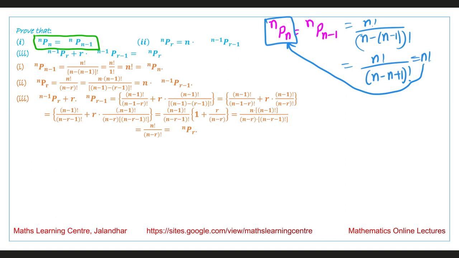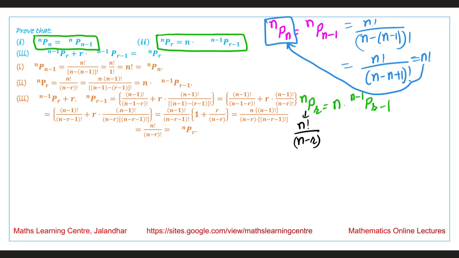Next, nPr is equal to n into (n-1)P(r-1). So if we start with this term, the value of this term is n factorial over (n minus r) factorial. This is equal to n into (n minus 1) factorial. We want the answer in terms of n minus 1, so we want this n over here, and the answer we require should be r minus 1.